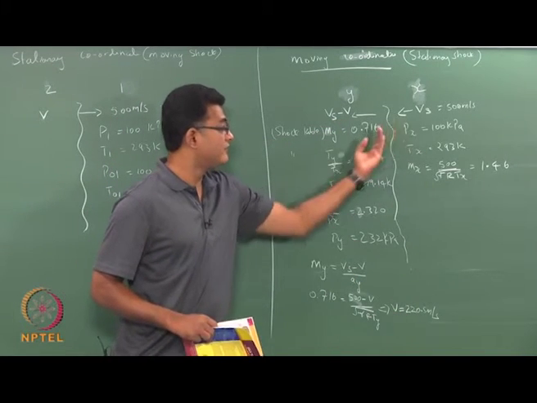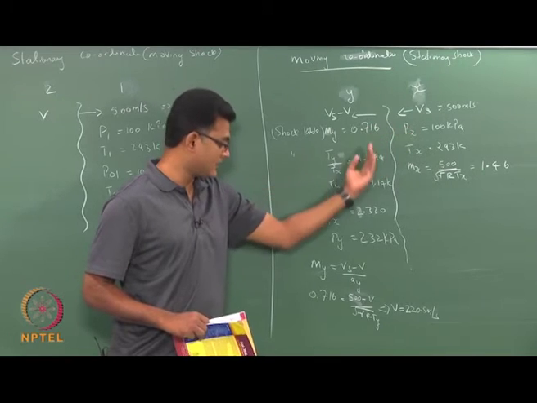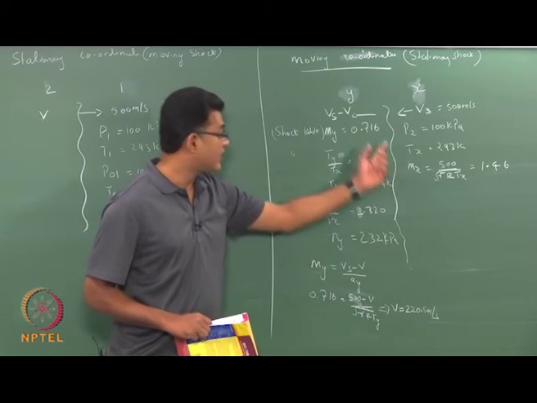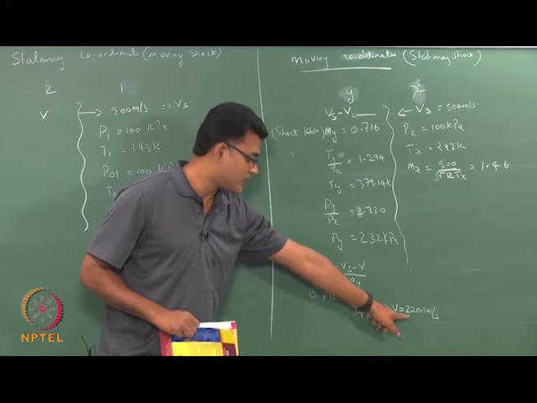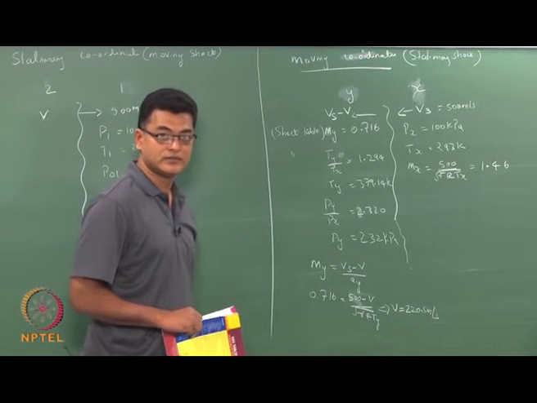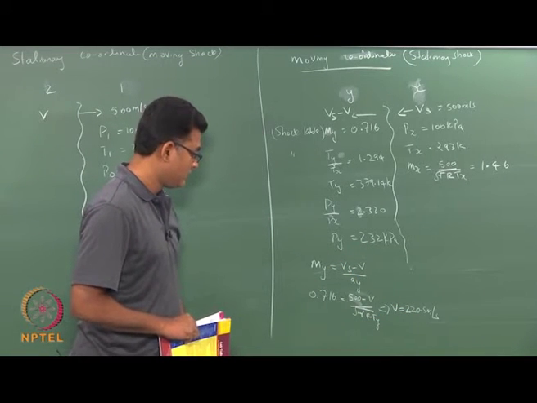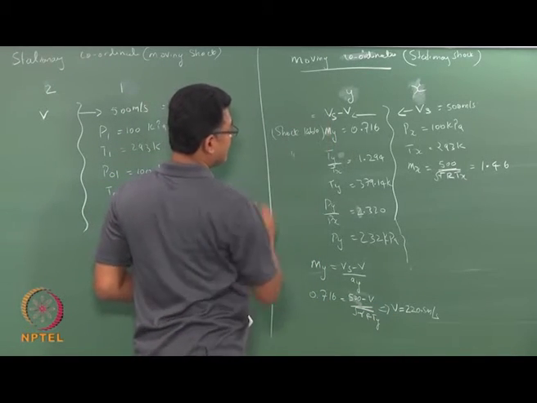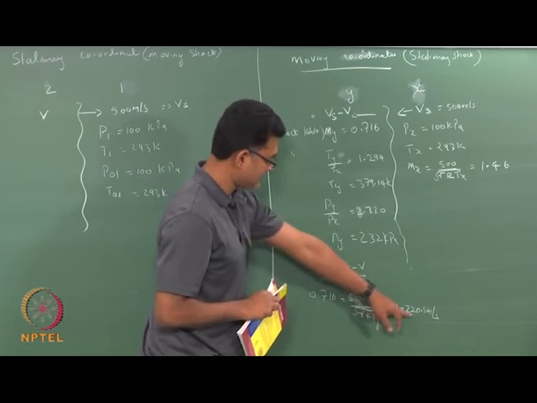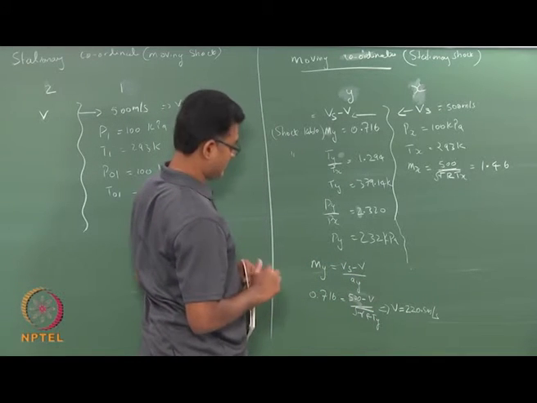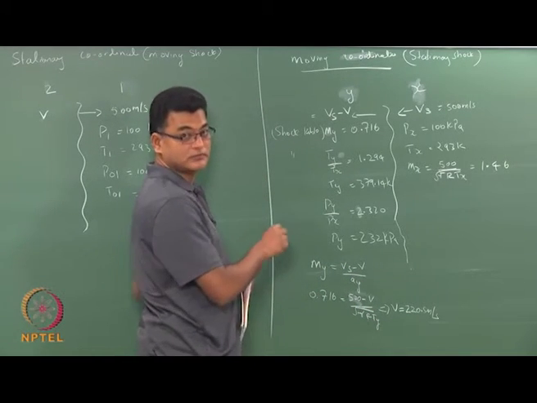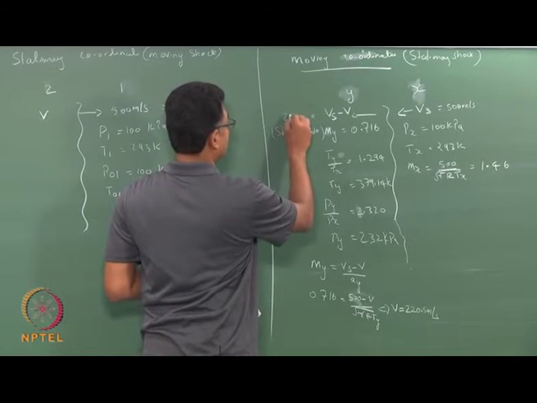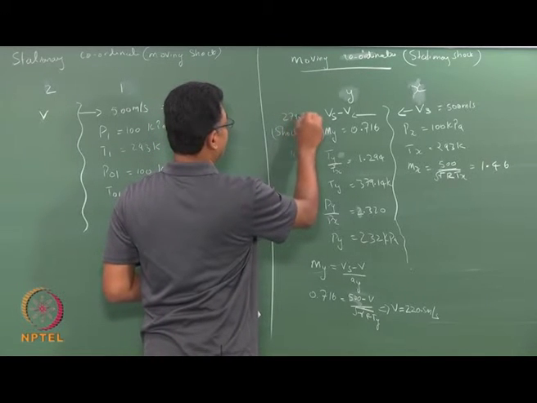So I see a fluid shock that is coming, and the relative velocity after that is 220. V is 220.6. So the relative velocity is 500 minus 220, which is 279.5.